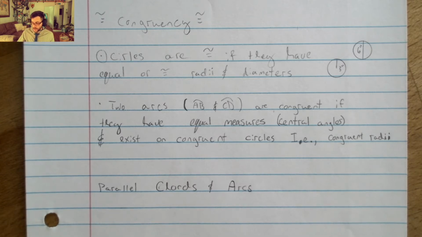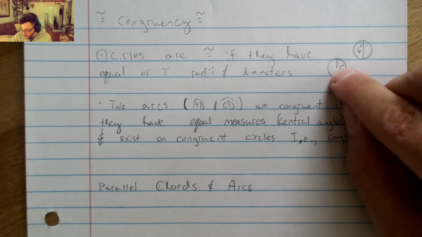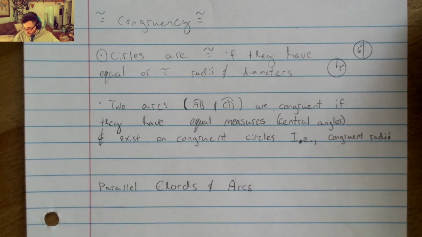So they come out from the center point, extend out to our circumference, and they have to have the same radius length and the same central angle. Knowing those two aspects dictates that the two lengths around, or the length of that circumference, are going to be congruent as well.